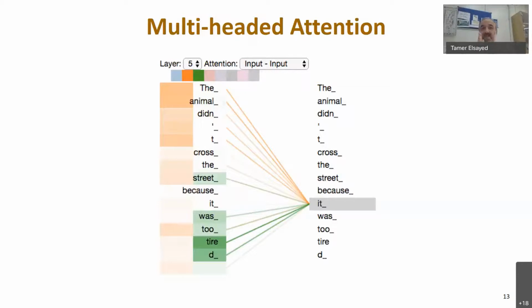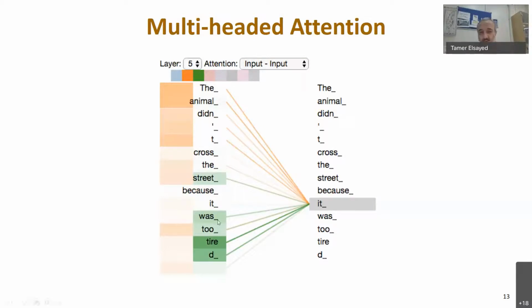Each attention head, which you can think of as a vector of weights, is initialized randomly and learned together, and maybe each one will learn something different. For example, here is another head of attention, and all of these are done in parallel. So at each layer we have multi-headed attention: the network learns multiple attention weights at the same time for the same sentence.